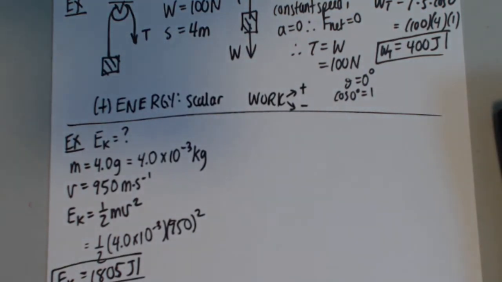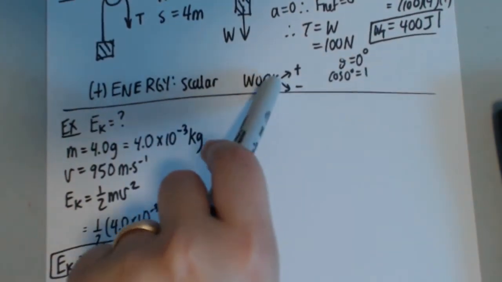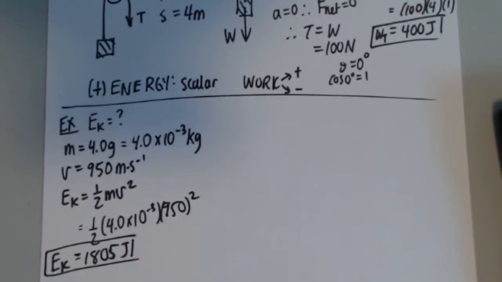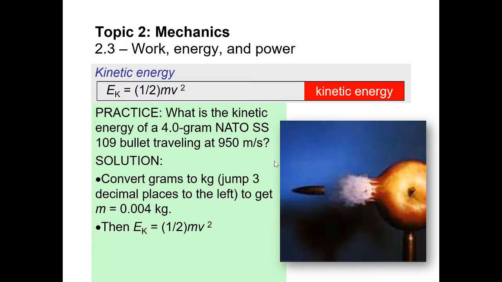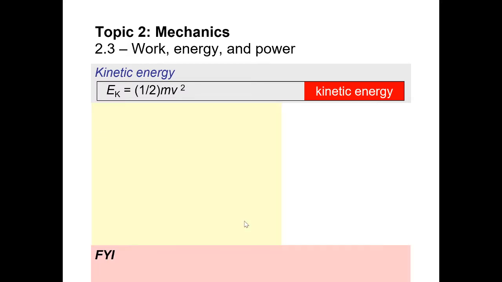Although they're both scalars, there's a reason why energy can't be negative. It just doesn't make sense for you to have negative energy. Work, on the other hand, can be negative, and we'll understand why that is in a couple slides. Okay, so here we have 1800, again rounding for sig figs.